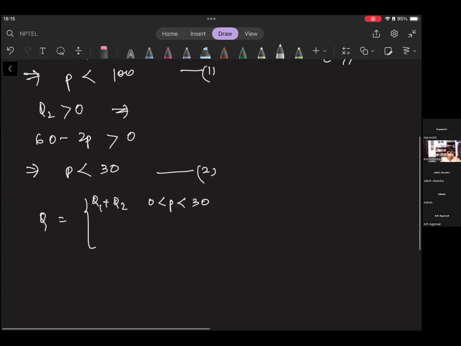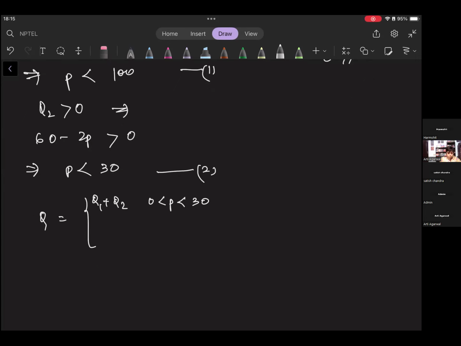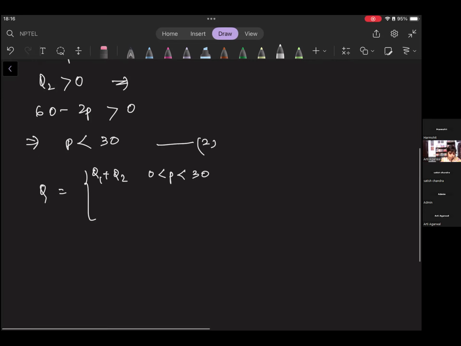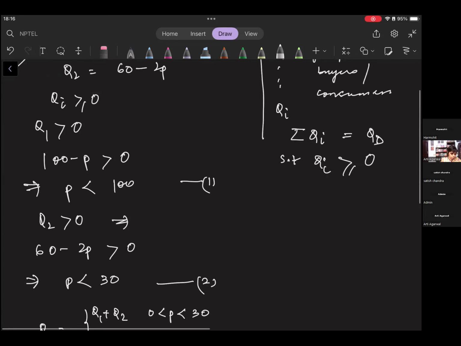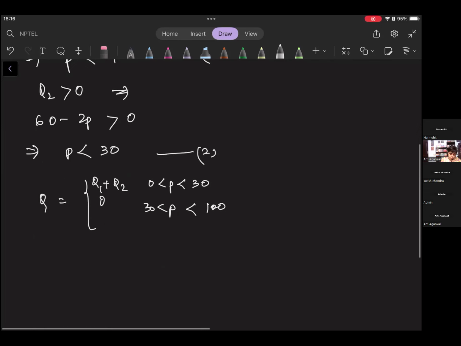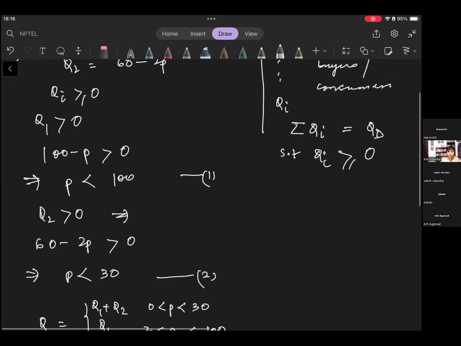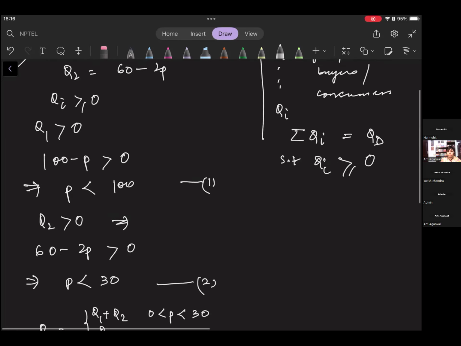For P greater than 30 and less than 100, the demand is only Q1, because only for group 1 the condition is met; for the second group it's not met at all.